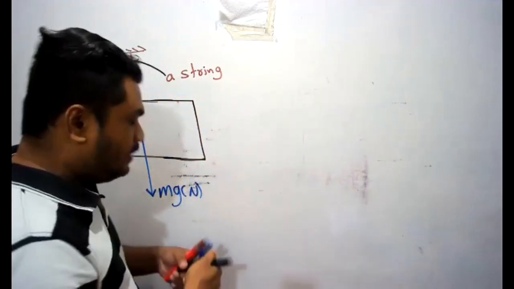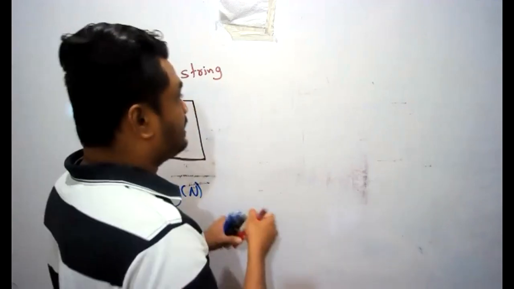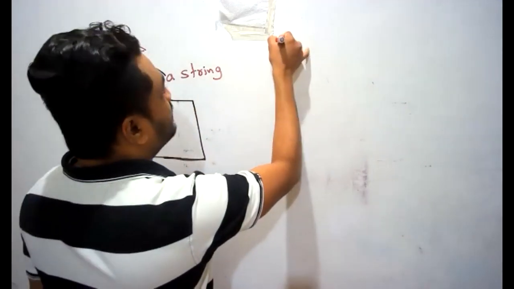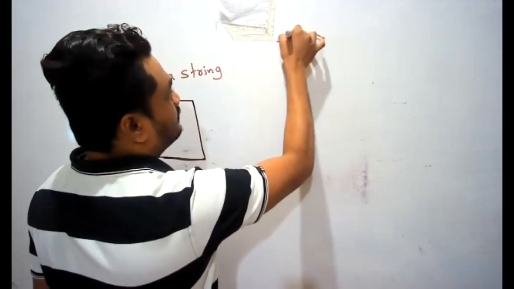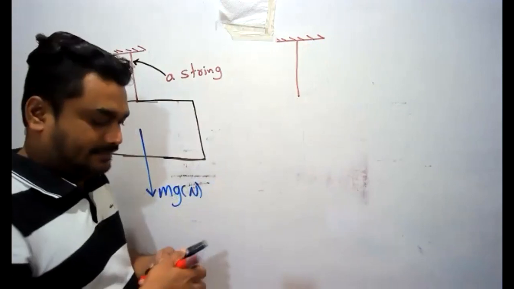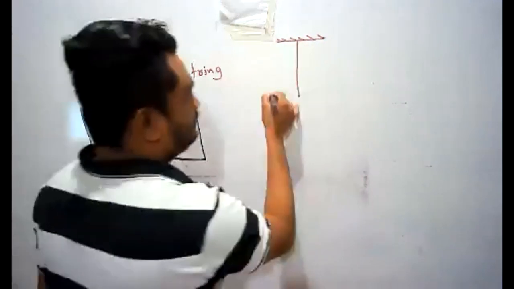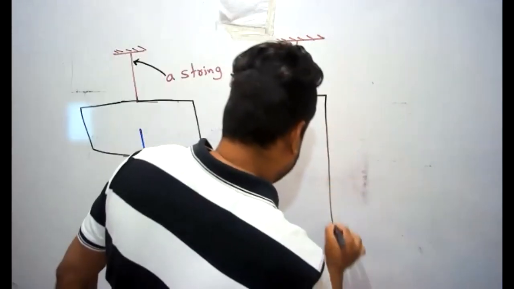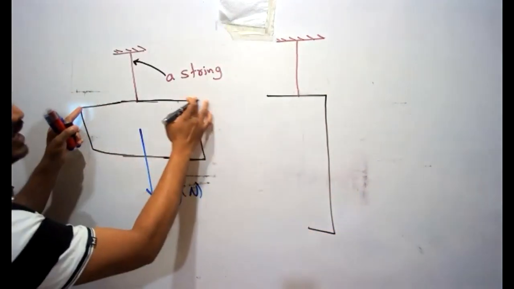Right. Now let's say the same object is hung like this. Now this length part is here.